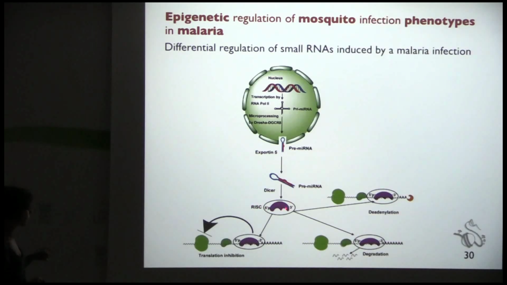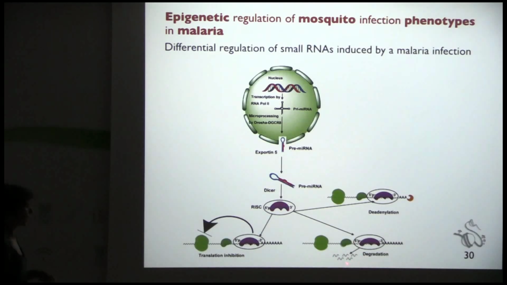This protein complex takes them to the messenger RNA to which these microRNAs are complementary. Each microRNA is complementary to the 5' region of the target gene. And this is going to cause either the messenger RNA not to be translated into protein, or the degradation of the messenger RNA.